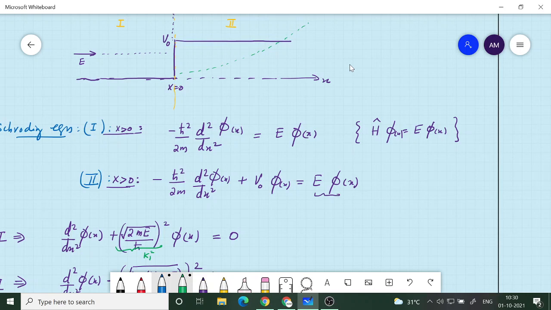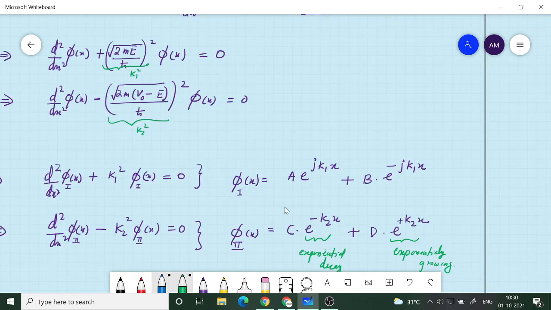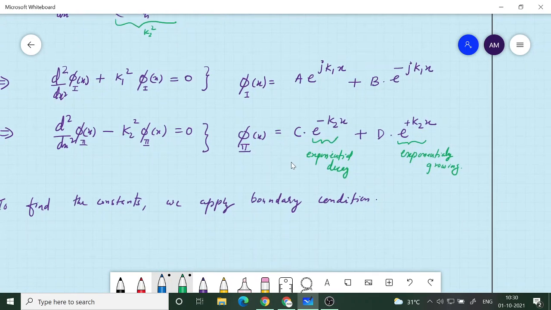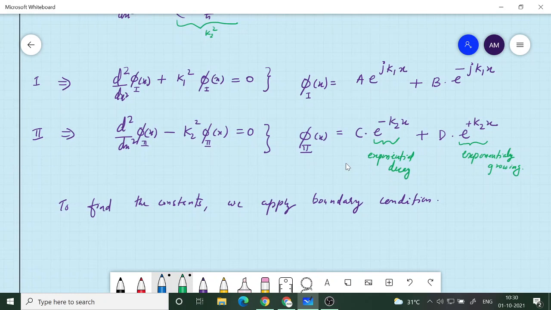There cannot be anything like that, so we need to prevent it from happening, and therefore D should be set to 0. We are just using a physical argument to say that D has to be 0, because we cannot allow exponential growth toward the right. Exponential decay is okay, but exponential growth is not, so D has to be 0.